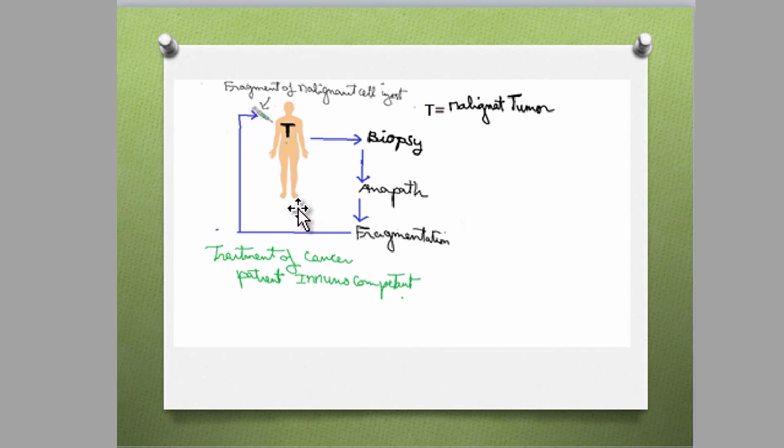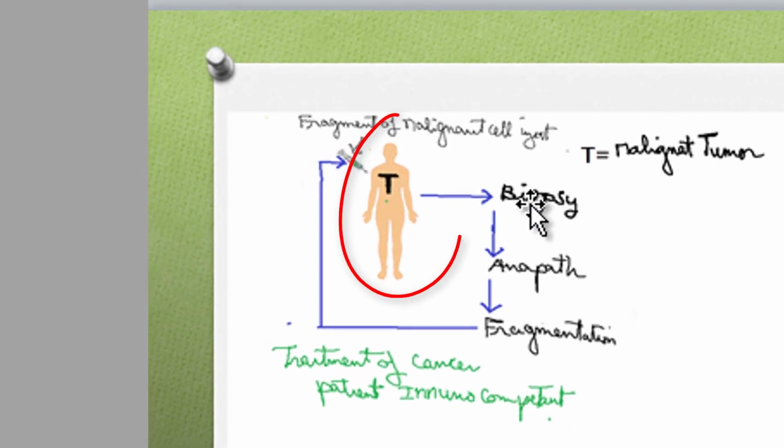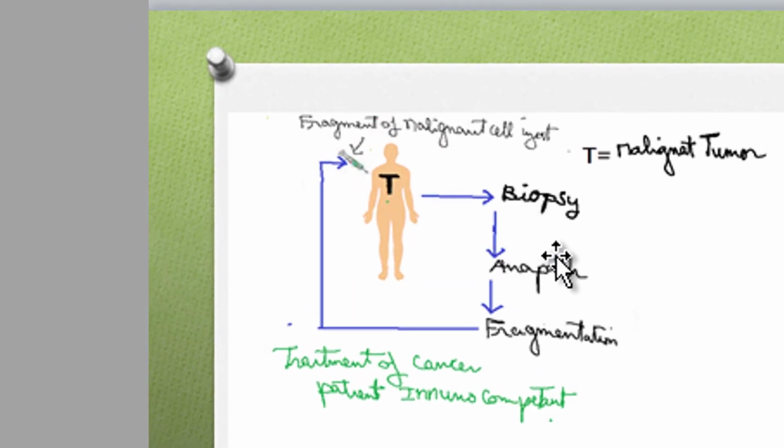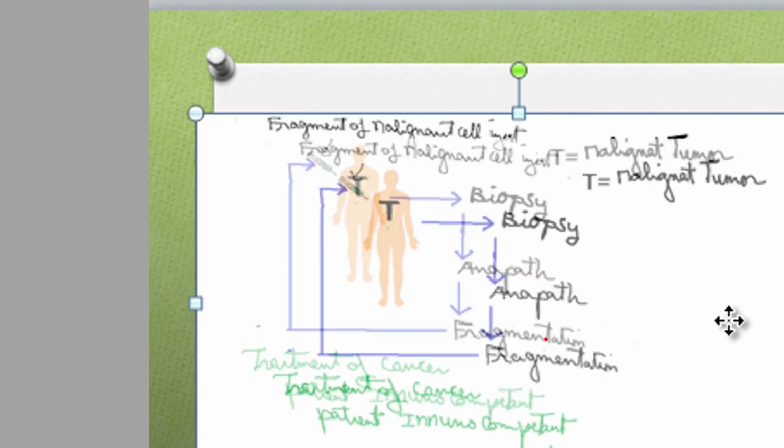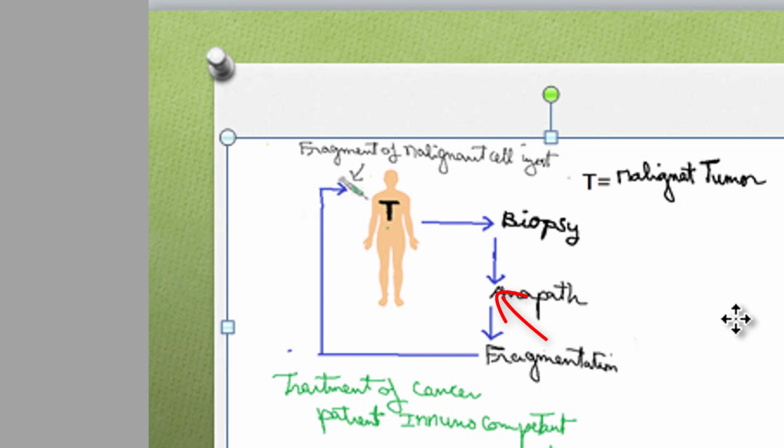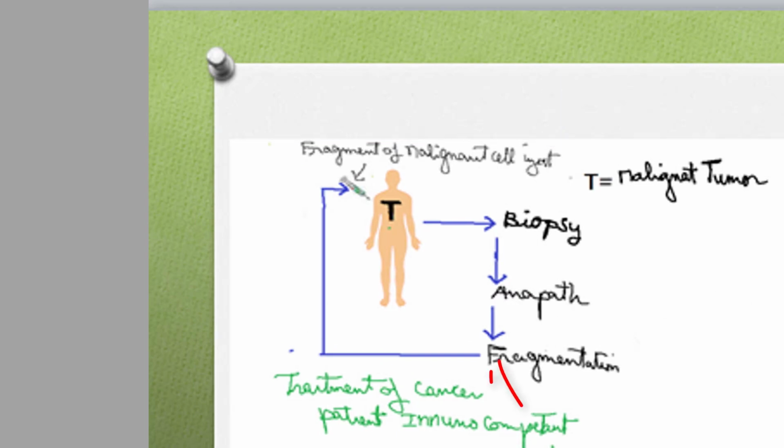Patient immunocompetent with cancer treatment. Patient immunocompetent with cancer. First, we do a biopsy, then ANAPAD for confirmation of malignant cells. After ANAPAD, we do fragmentation of the malignant cells in the laboratory. Then we inject the fragment of malignant cells into the same patient.